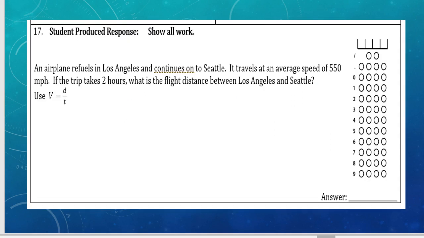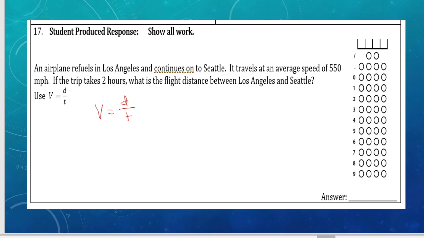Number 17. Number 17 is a gridded response, and it looks like I'm going to be using velocity equals distance divided by time. So let's read through and see what I have, because I'm going to be able to replace two of those variables with numbers so I can solve for the third unknown variable.